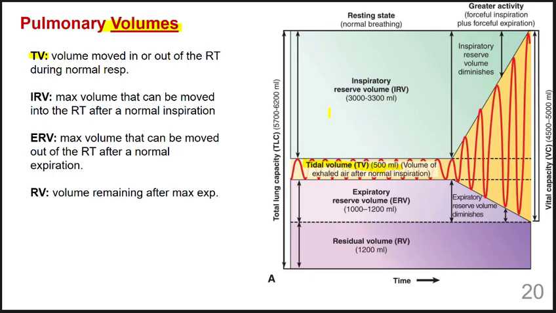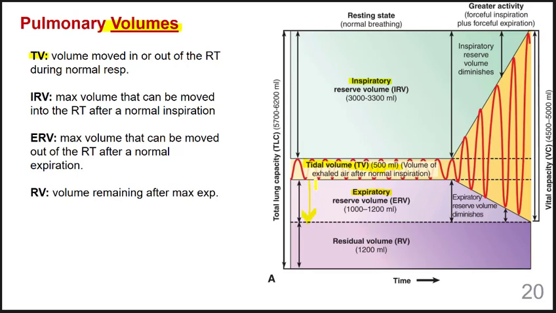Now, inspiratory reserve volume is the amount of air that you can inspire above and beyond your tidal volume. So if you're just breathing normally, then all of a sudden you took in a deep breath, that now includes your inspiratory reserve volume. Expiratory reserve volume is the amount that you can breathe out after just normal exhalation, so above and beyond your normal exhalation.